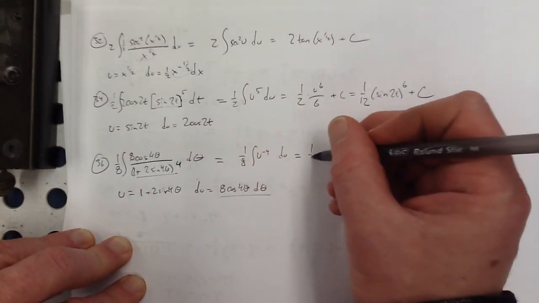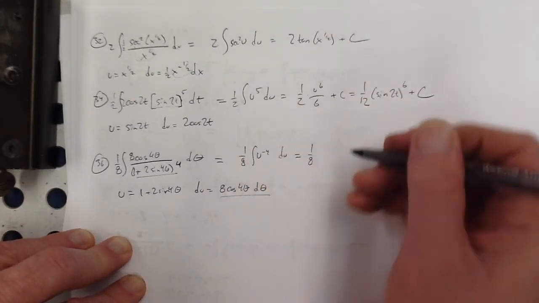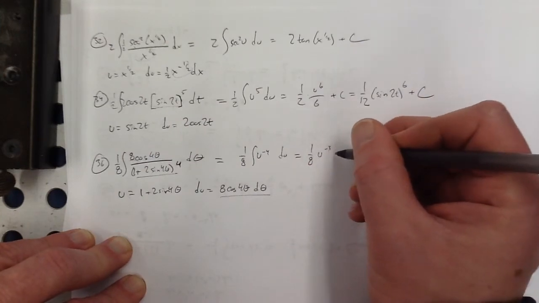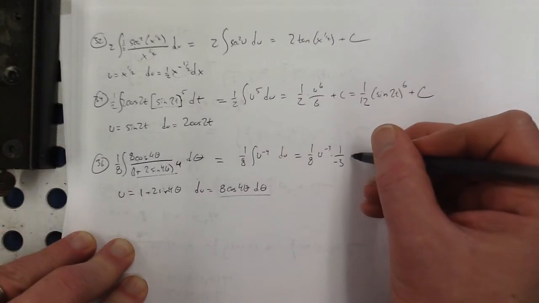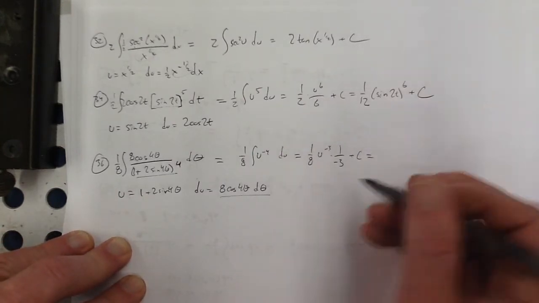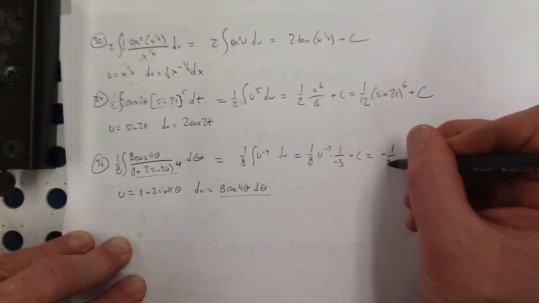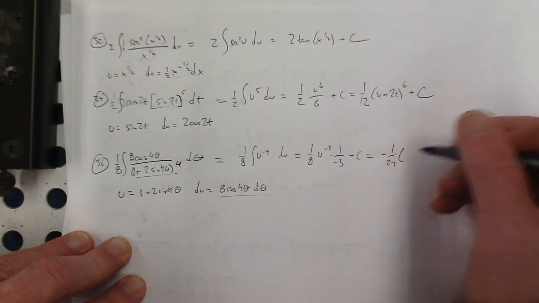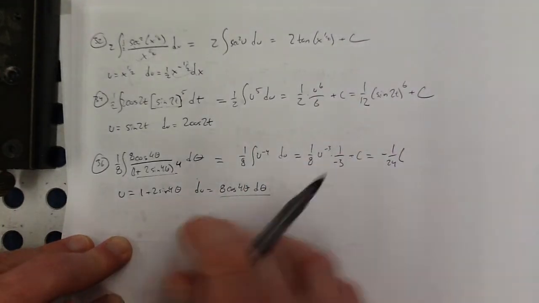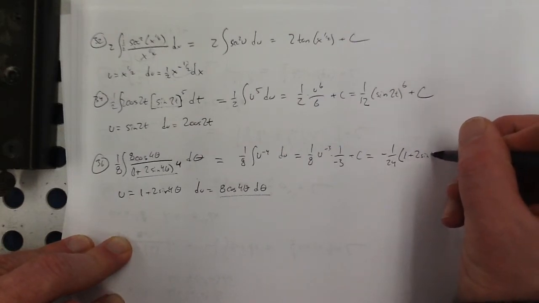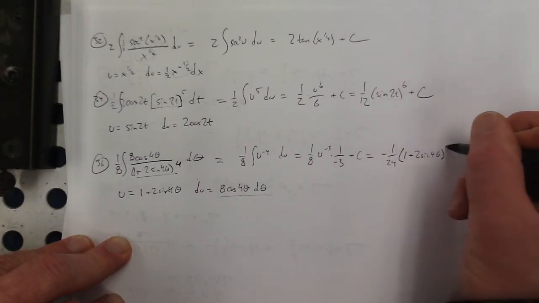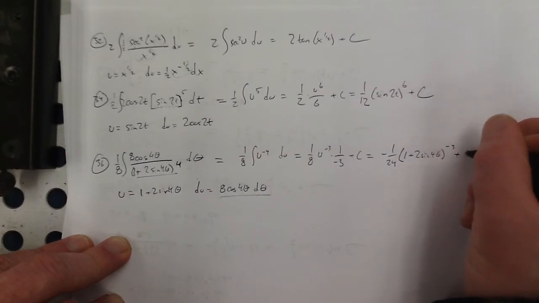So that's 1/8. Add 1 to the exponent and divide by the new exponent. So that looks like negative 1/24 times u to the negative 3.